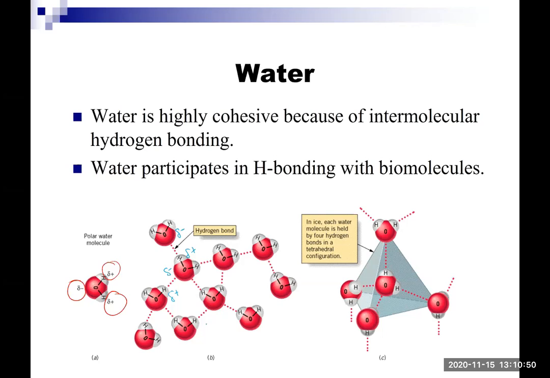And here you can see a partial positive charge on this hydrogen being attracted to a partial negative charge on this oxygen, and another water molecule here with a partial positive charge getting involved. So this results in very strong or highly cohesive forces associated with water molecules.